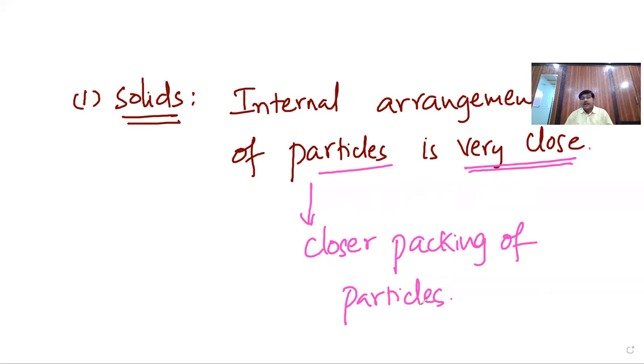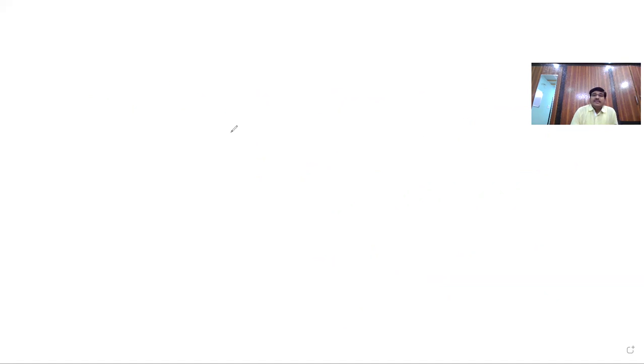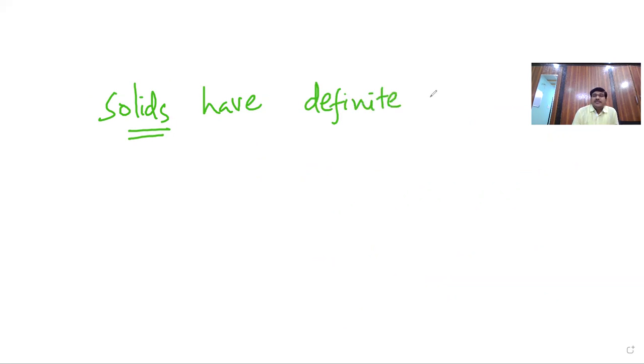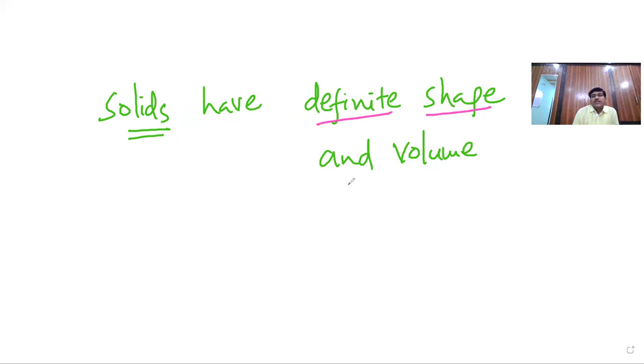This is the first basic property of solids. What are the other characteristics? Solids have definite shape and volume. These are the two things.